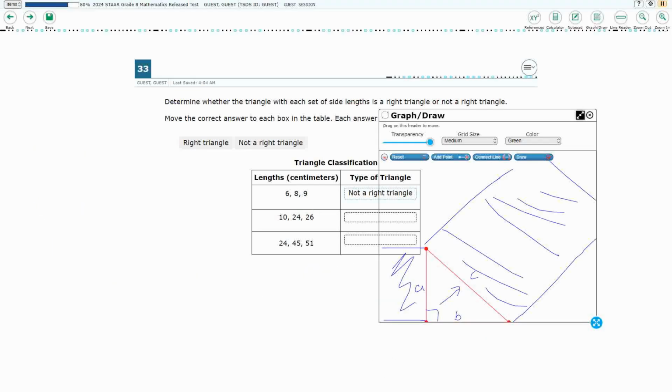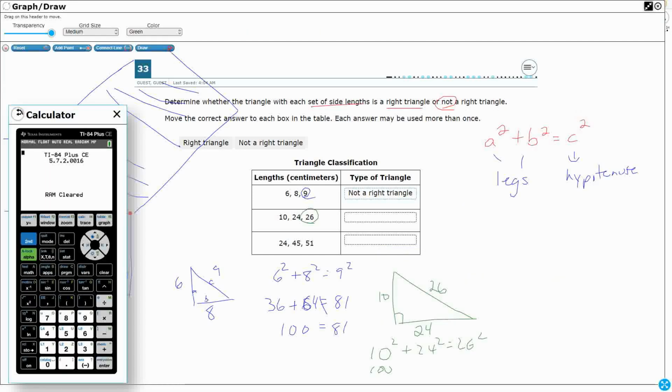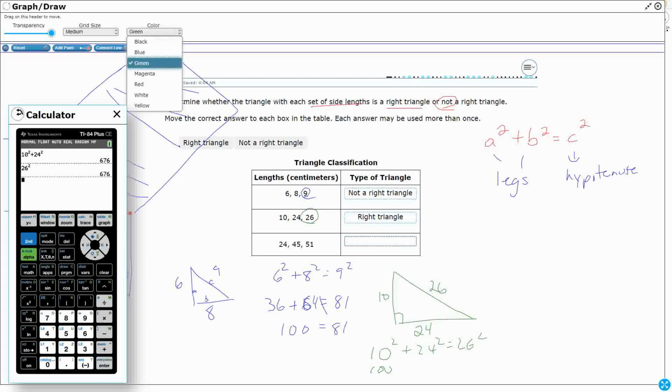After that, I'm kind of out. So let's just go ahead and use a calculator. All right, so I'll just do it like this. 10 squared plus 24 squared equals 676. What is 26 squared? Hey, that's a right triangle. They're both 676.